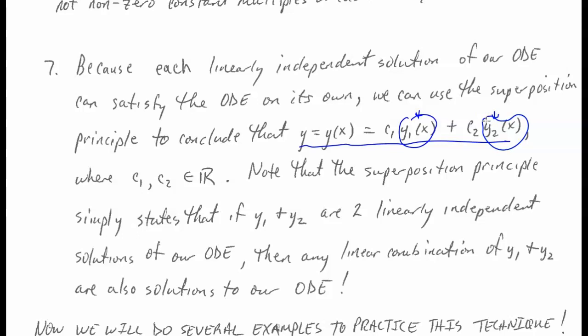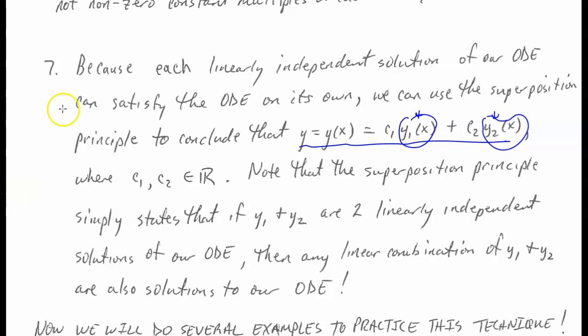And a basis is just a set of root functions that you can say, hey, if I take these two, do any linear combination of these two functions, I can come up with a whole family of functions that will satisfy the ordinary differential equation I was trying to solve.